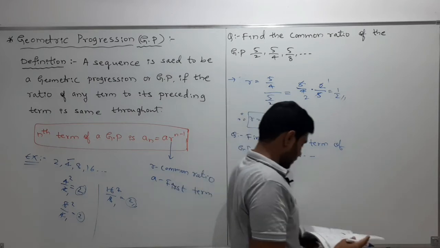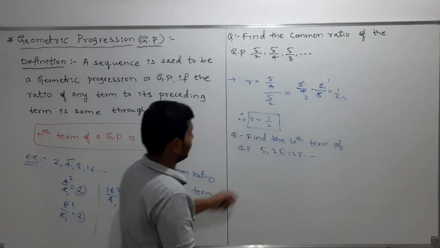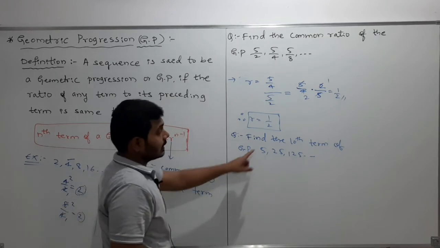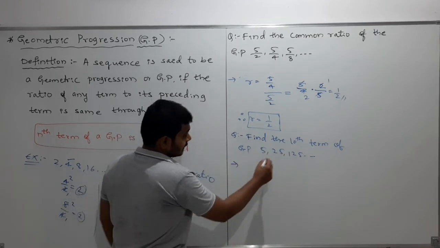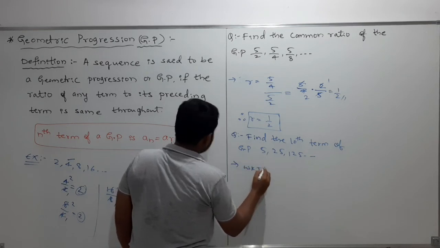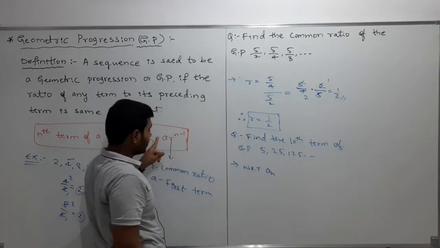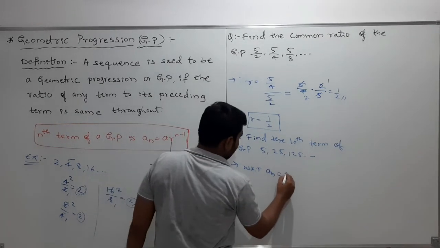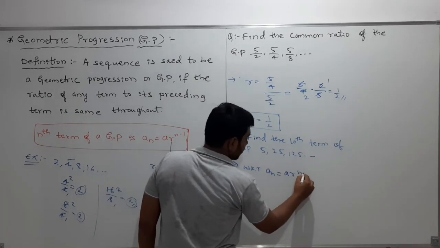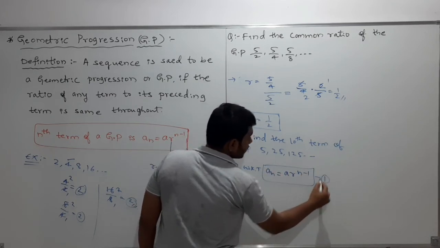So they asked you to calculate the 10th term. We know the formula for the nth term: an = a r^(n-1). Call this equation 1.